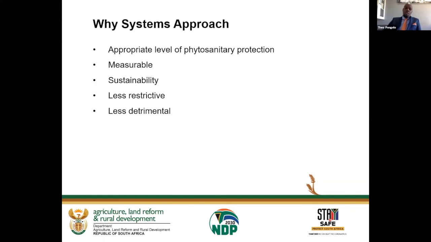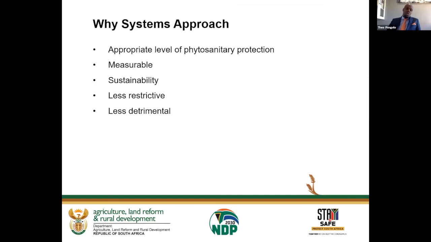So why did we choose the systems approach? We realized that we needed friendlier measures that will meet the appropriate level of phytosanitary protection of the importing countries. For us to do that, we needed not only one measure, but maybe more independent measures that can also meet the import requirements of that country, but that are not detrimental to our environment and are not challenged by environmental organizations.